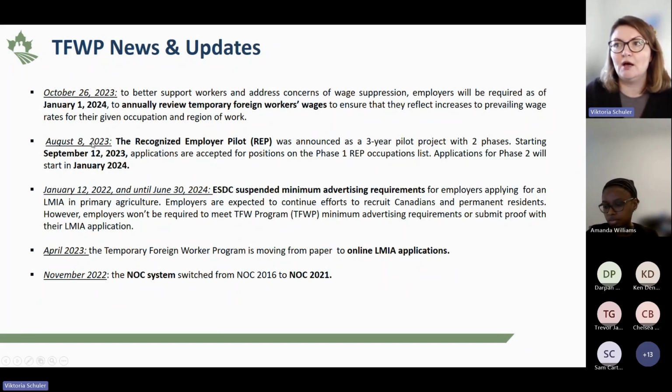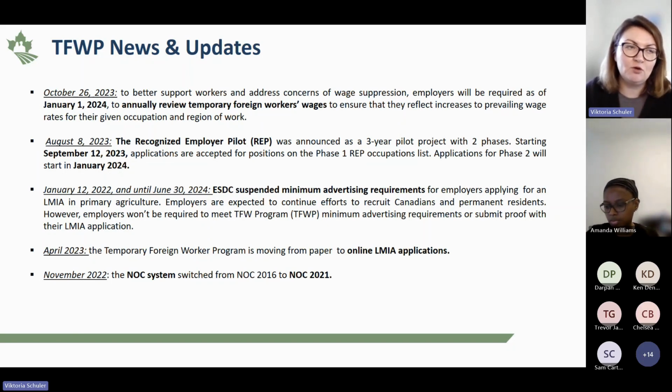The first one, the most recent one, October 26th. There is a requirement starting from January 2024 to annually review temporary foreign workers' wages to make sure that they increase together with the prevailing wage rate in their occupation in their region.